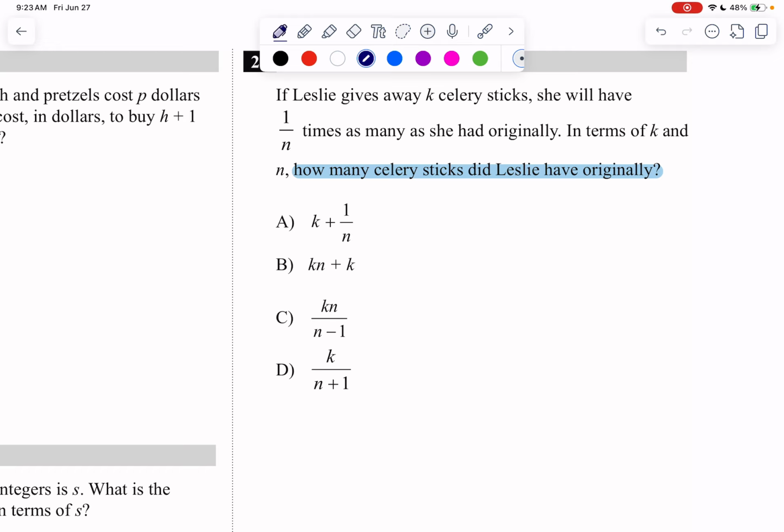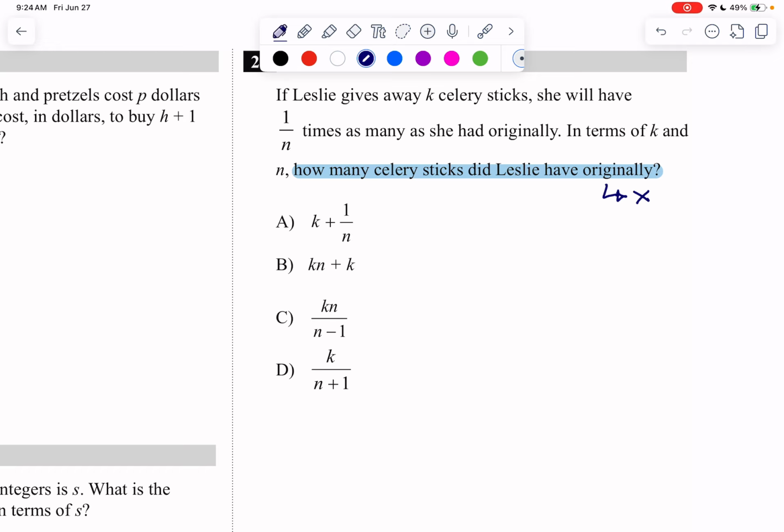So here's a thought. If we introduce a variable x for the thing that we're solving for, how much she had originally, we can now start to create an equation. Again, this might be a little tricky. The foreshadowing is that I'm about to show you how to completely avoid this, but this is the situation we might get ourselves into on the test that we're trying to avoid.